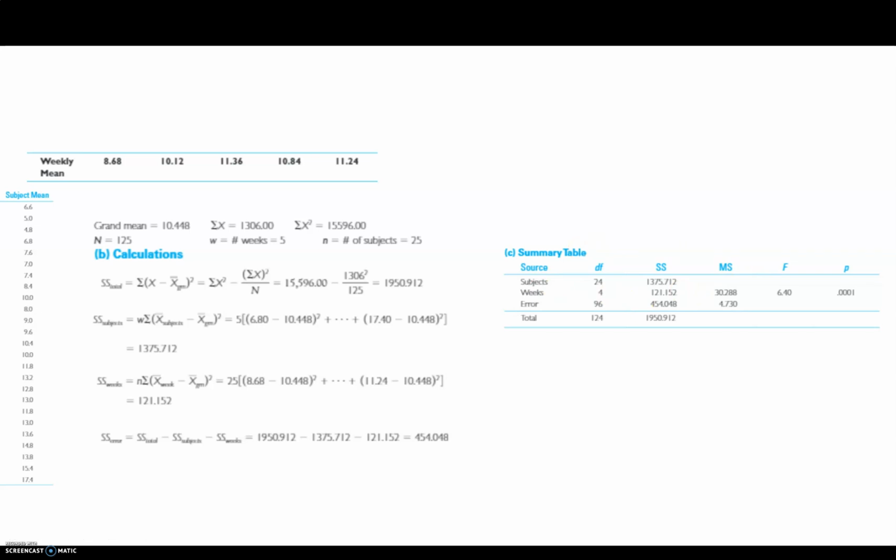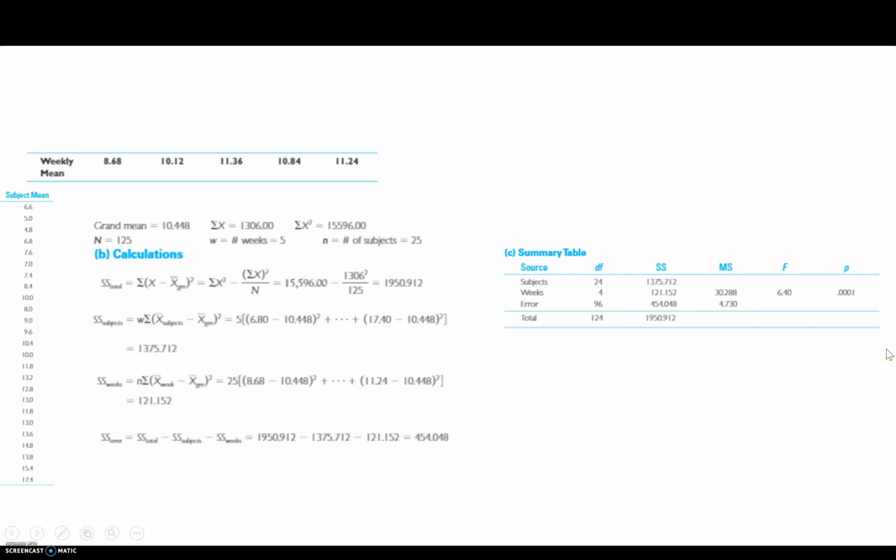They're not all going to be exactly the same, so we don't even compute this because we don't have the right denominator to compute the F statistic. And the error, this is actually an interaction, but we're not really interested in this interaction either in this case. We're really just focused on the effect of weeks.